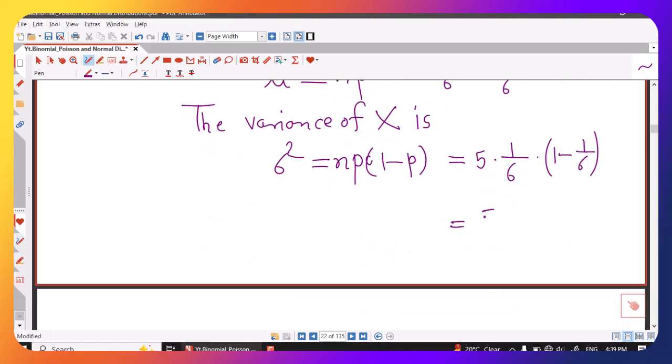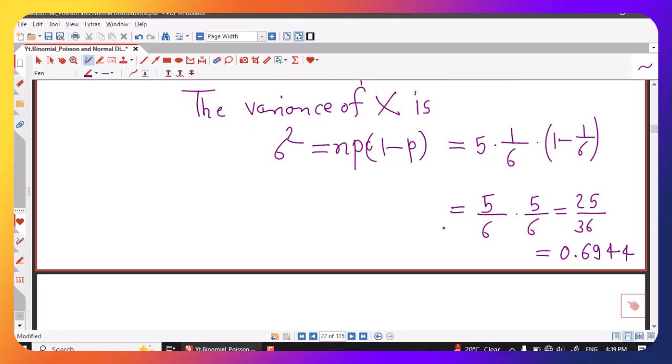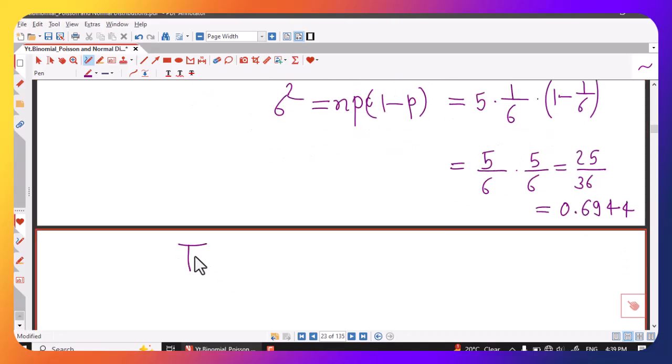This turns out to be 5 by 6 times 5 by 6, that is 25 by 36, or this we can rewrite as 0.6944 up to 4 decimal places.